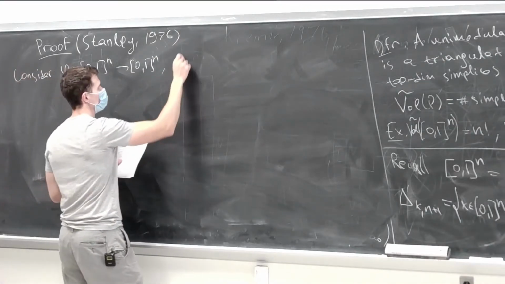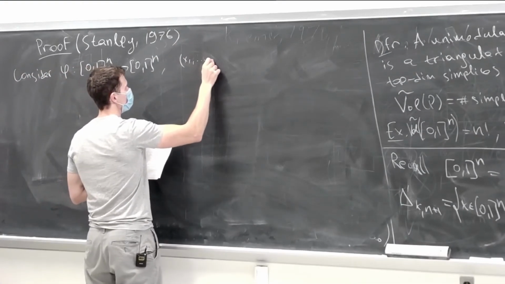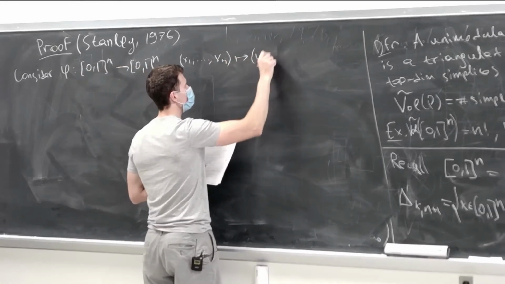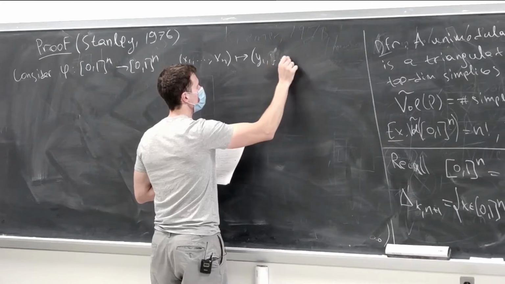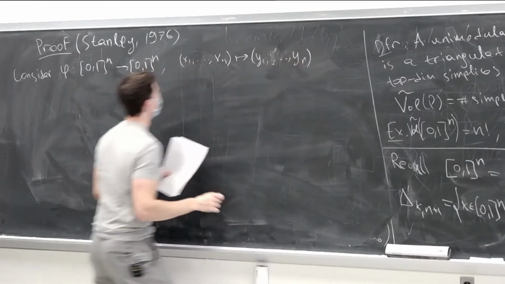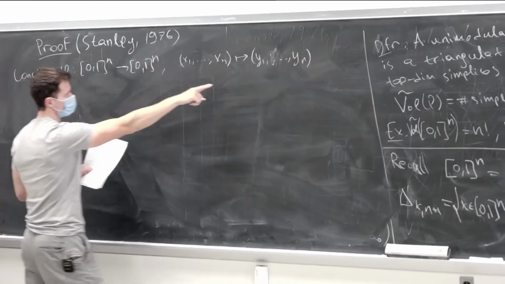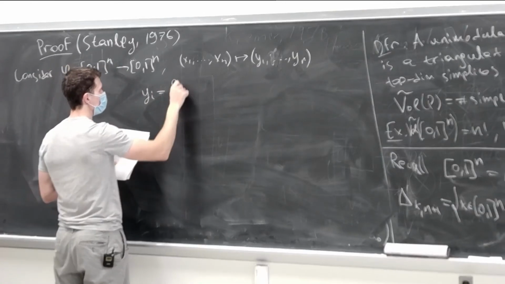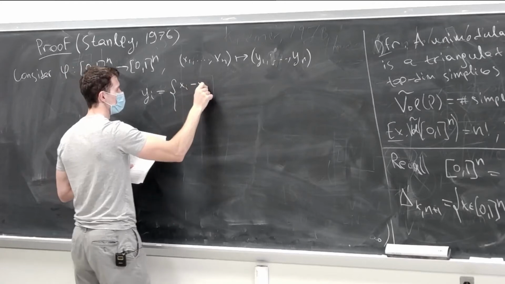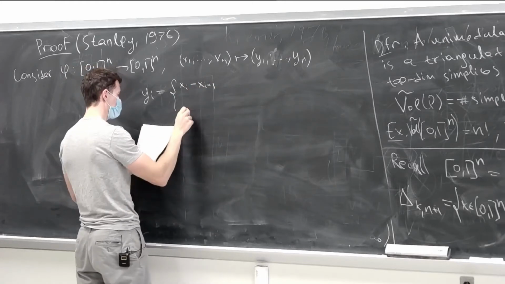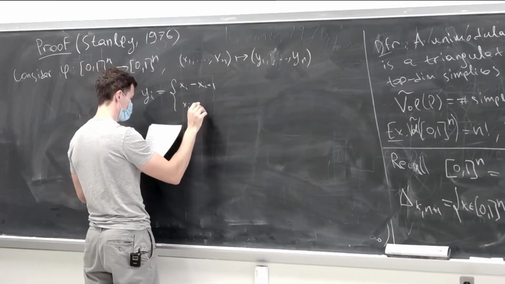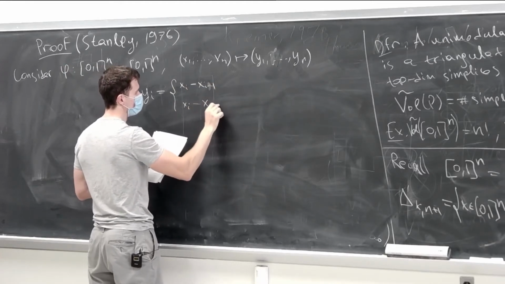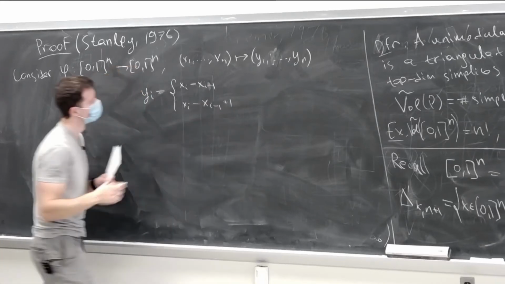You start with x1, x2, all the way up to xn, and you send them to y1, y2, up to yn, and the formula for the new coordinates is that yi is equal to either xi minus x(i minus 1), or xi minus x(i minus 1) plus 1.